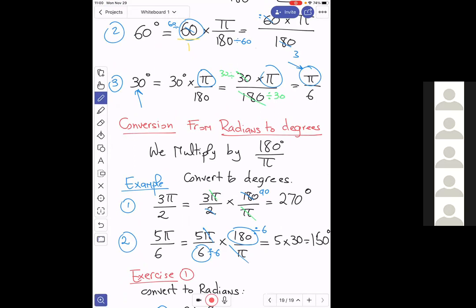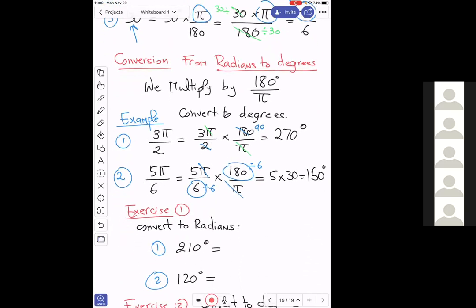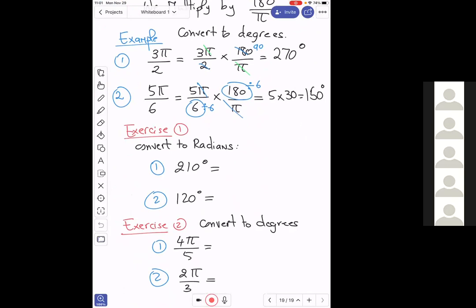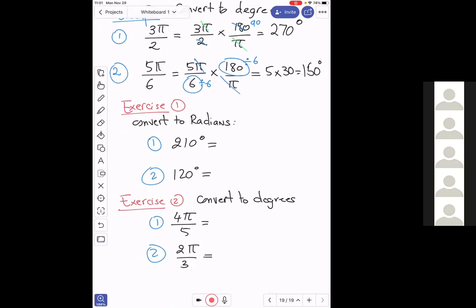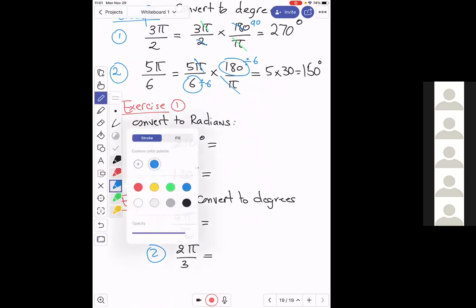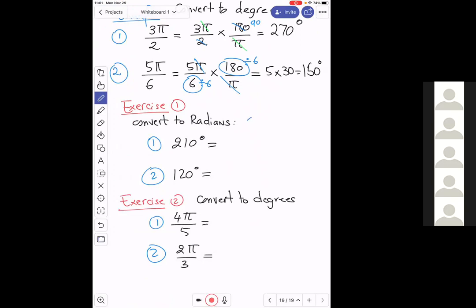So just keep the pi. Okay, I see. Yeah, but it's better to keep the fraction once you reduce your fraction. So for number 1, to convert to radians, we need to multiply by pi over 180.